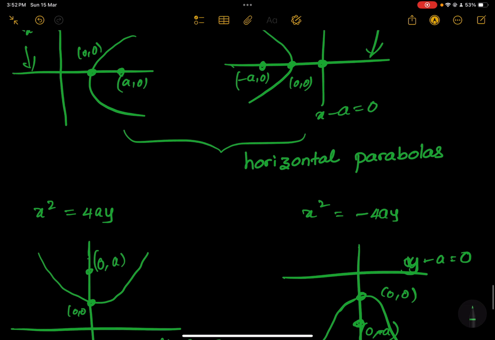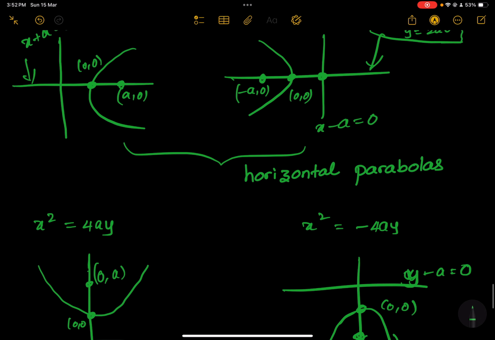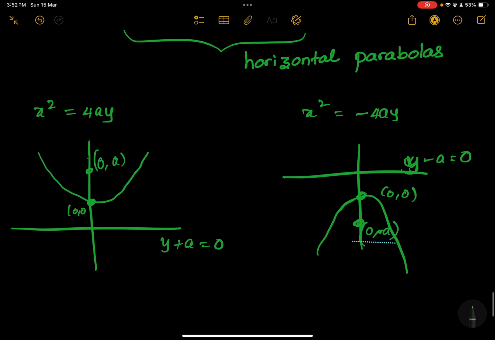Alright. For this particular form, the parametric equation is simply x equals minus a t square, y equals 2at. You can substitute and check. You should remember these things. For this form, your parametric equation is x equal to 2at, y equal to a t square.